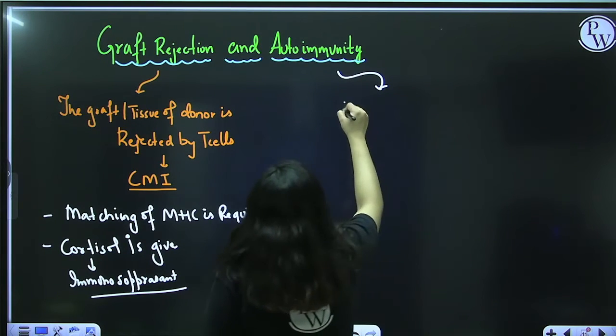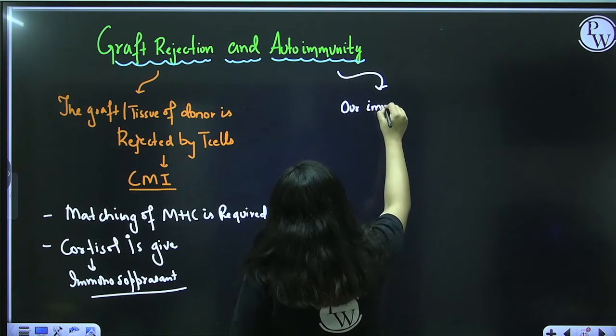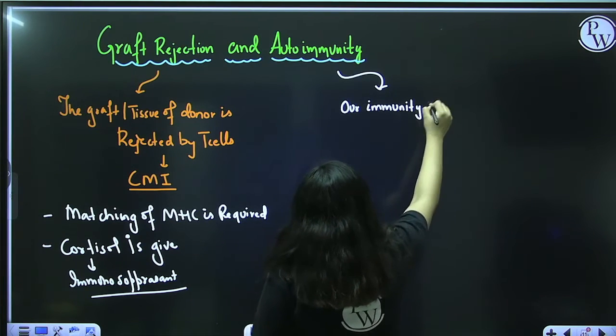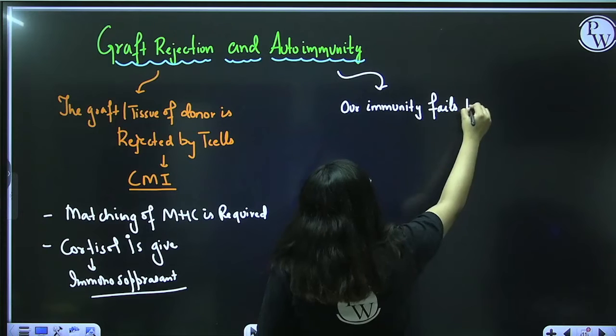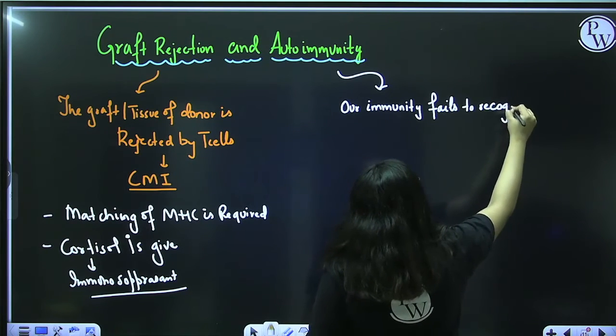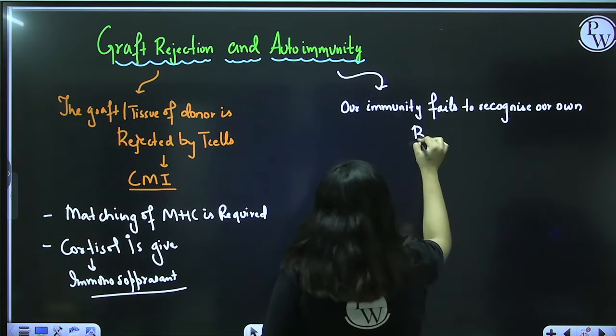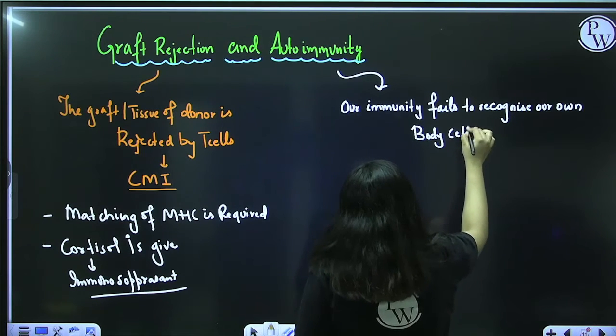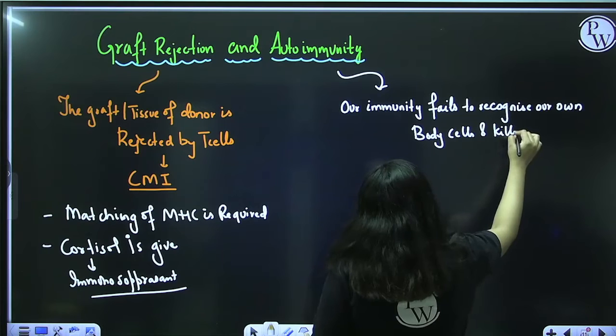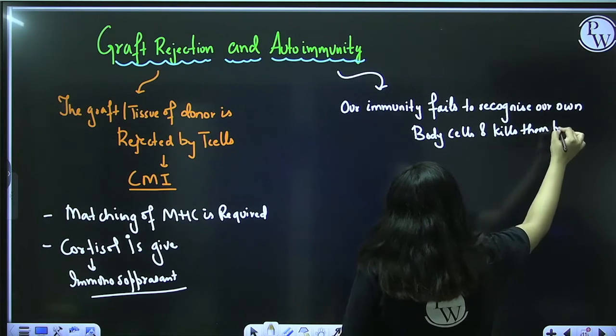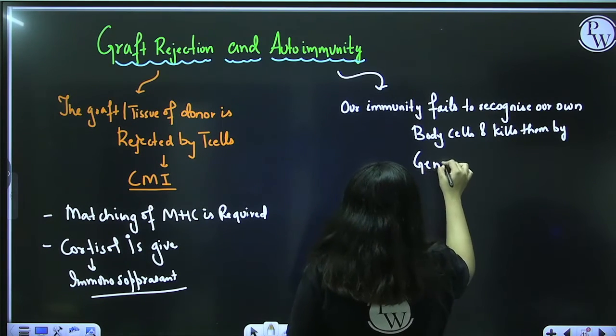Sometimes our immunity fails to recognize our own body cells and kills them by generating antibodies.